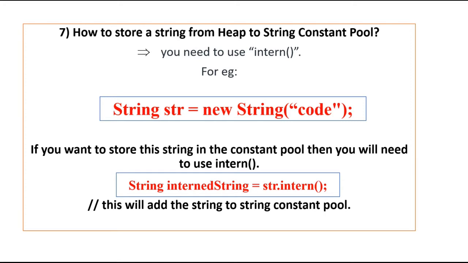For example, String str = new String("code"). "code" will be created in the heap memory, but not in the string constant pool. If you want to create that value inside the string constant pool, then you need to use the method called intern. str.intern() will store that value inside the string constant pool.